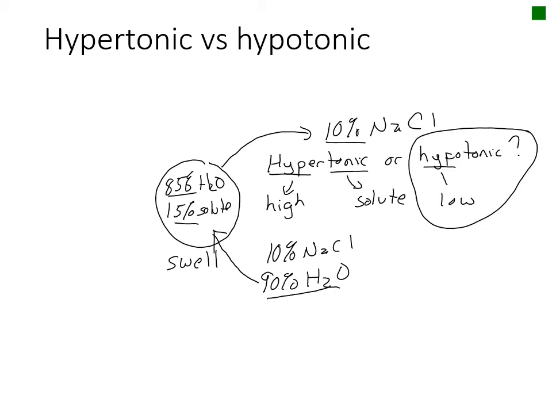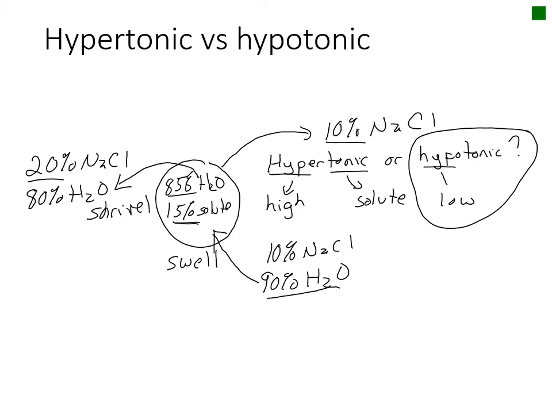So for example, a 20% sodium chloride solution would be considered hypertonic because 20 is higher than the 15. In this case, it would also be 80% water, and so we can see water would go from the higher concentration inside the cell to outside the cell, causing it to shrivel.